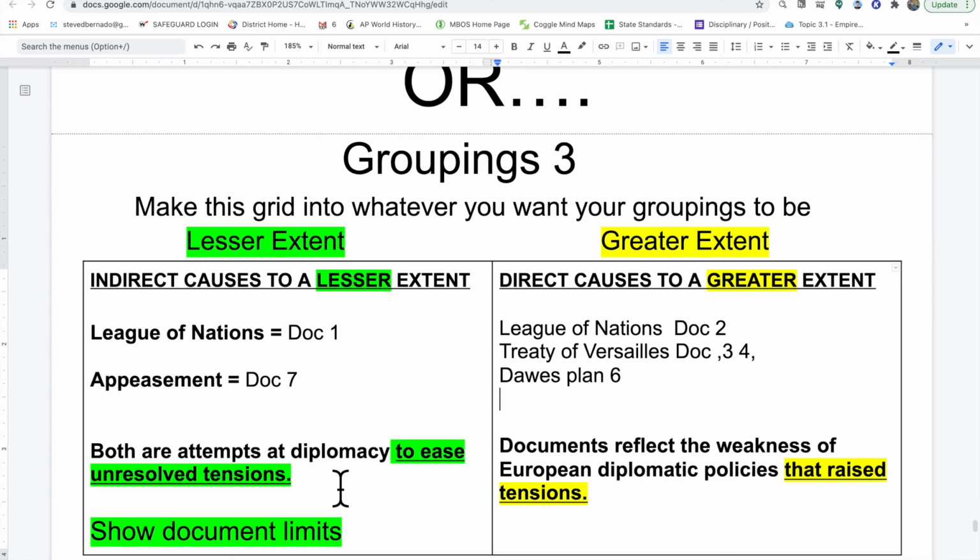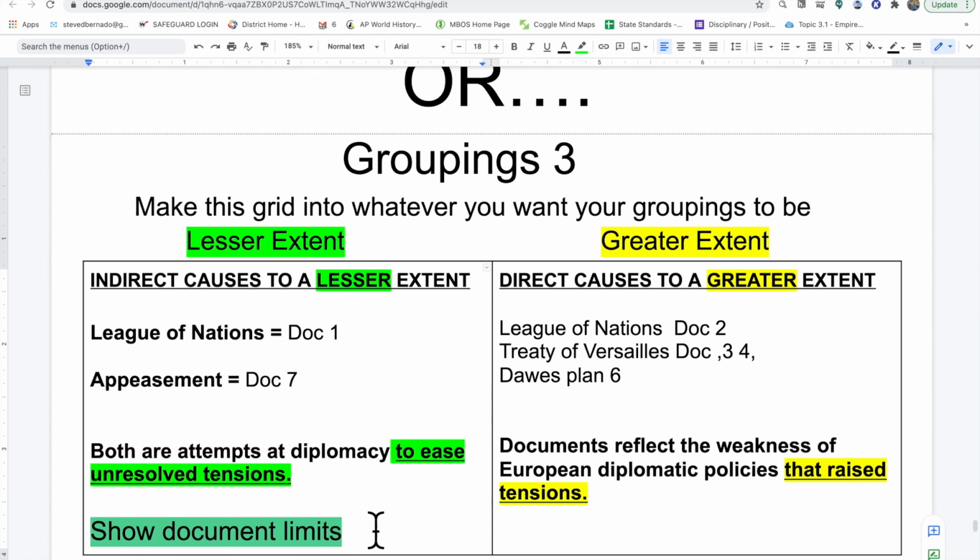Now, we know the League of Nations and the policy of appeasement ultimately failed and over time did raise tensions. But the way the documents appear inside of this document-based essay, you can use them to show that the point and purpose was to ease unresolved tensions, as long as you show the limits of the document.